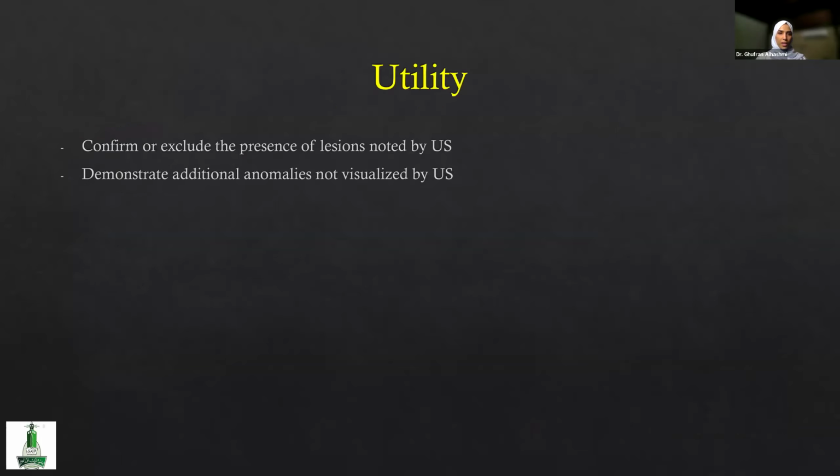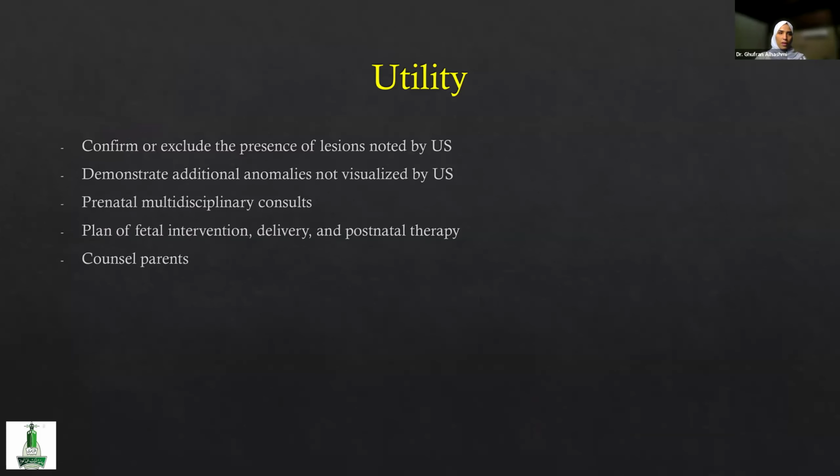We can use MRI to confirm or exclude the presence of lesions that are noted by ultrasound, and to demonstrate additional anomalies that are unable to be visualized by ultrasound, which can help us in prenatal multidisciplinary consults and help us plan fetal interventions, delivery, and postnatal therapy.